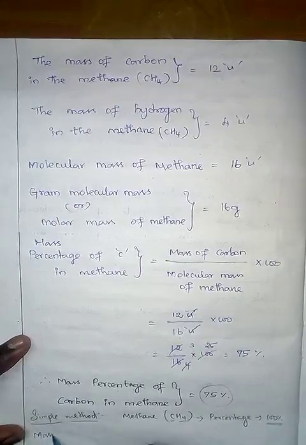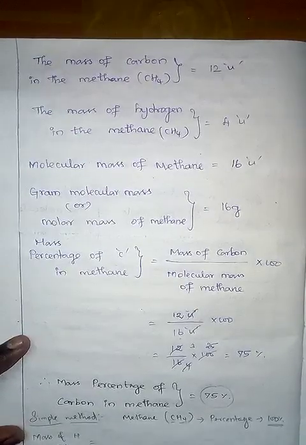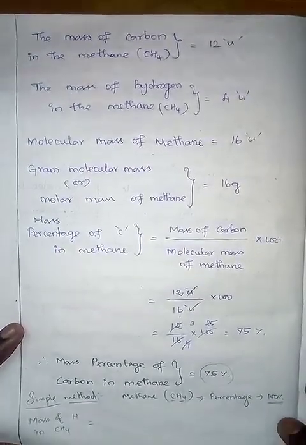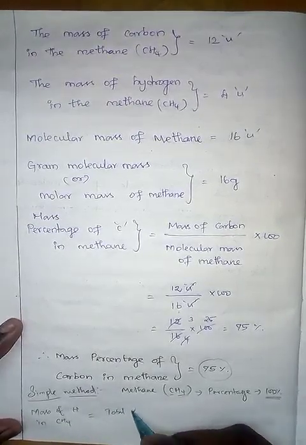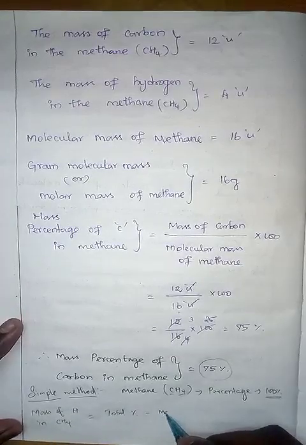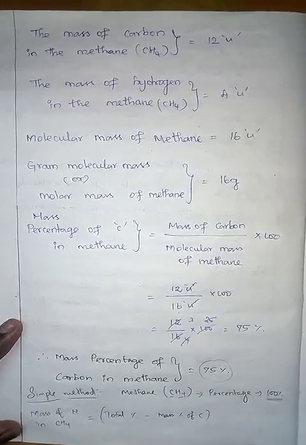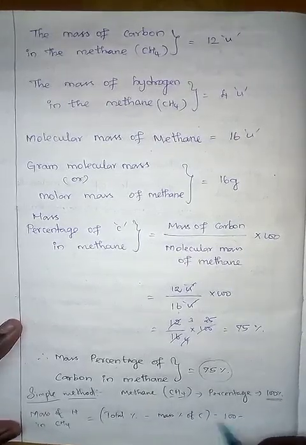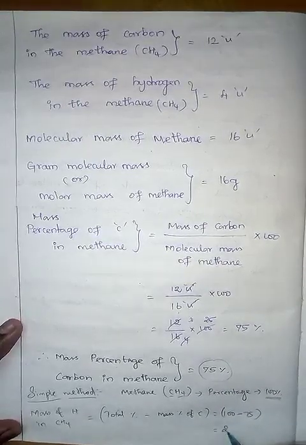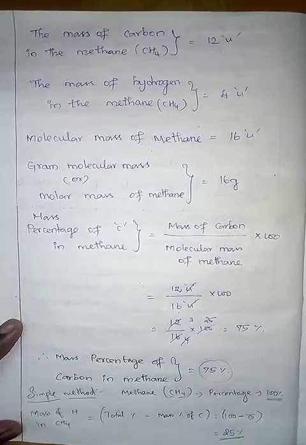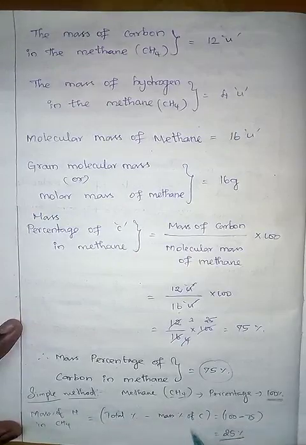The mass percentage of hydrogen in methane is equal to the total percentage minus the mass percentage of carbon. The total percentage is 100, minus 75 is equal to 25%. So that is the mass percentage of hydrogen. This is a simple method we can use.